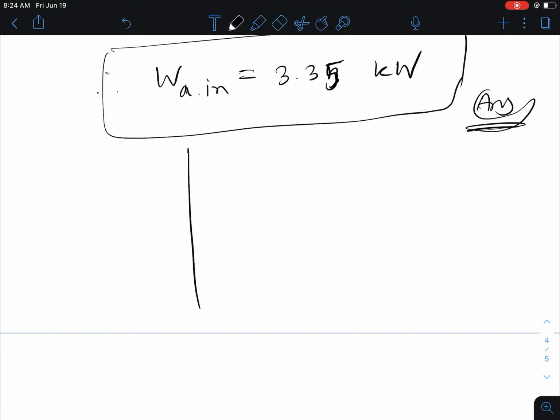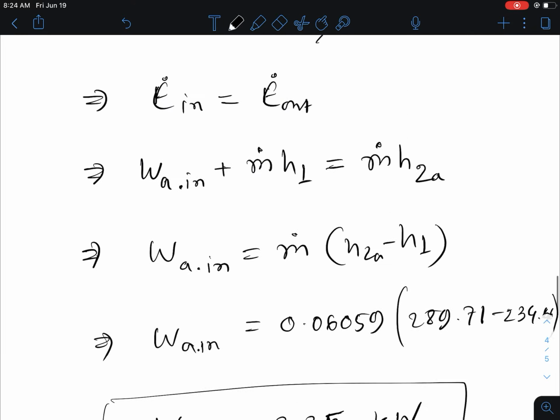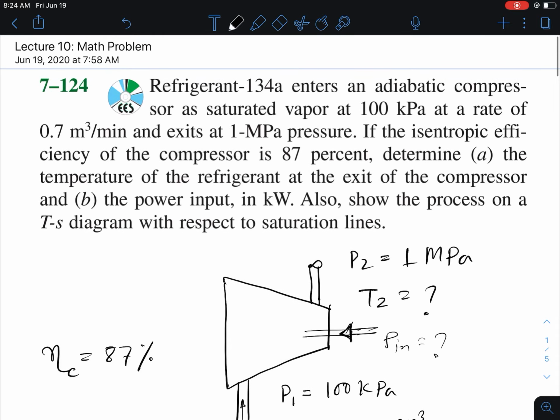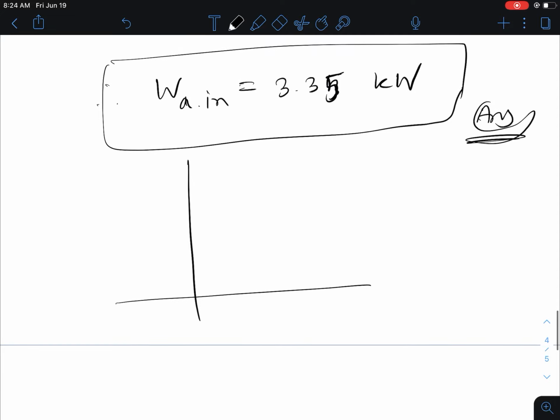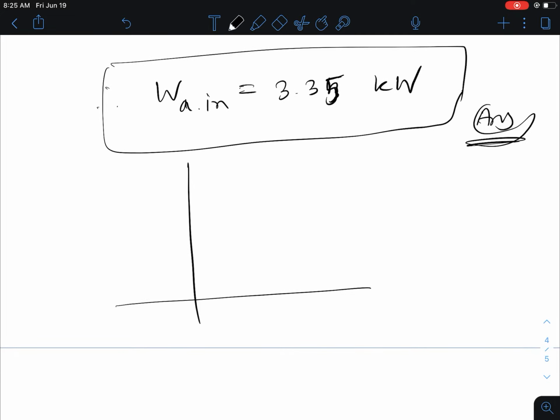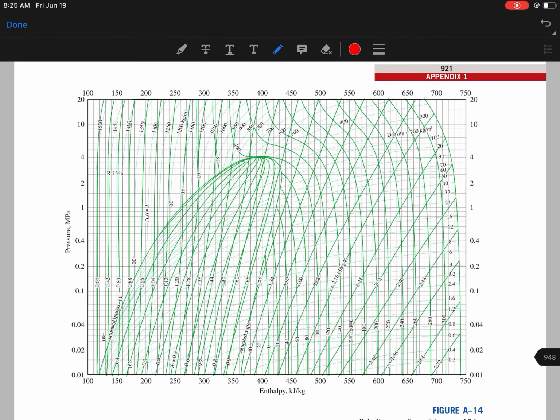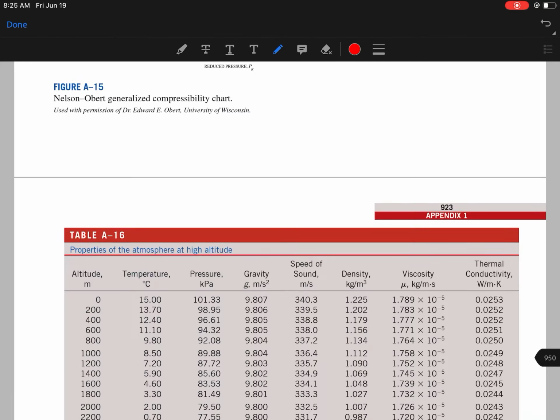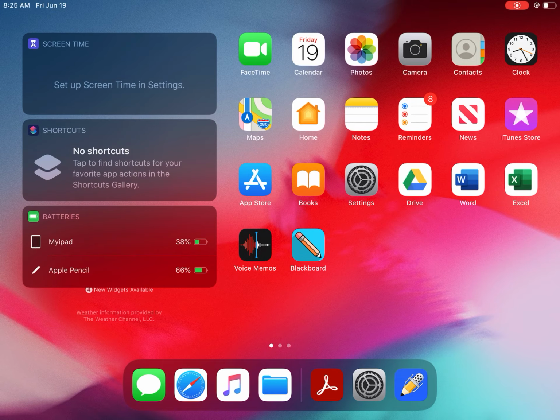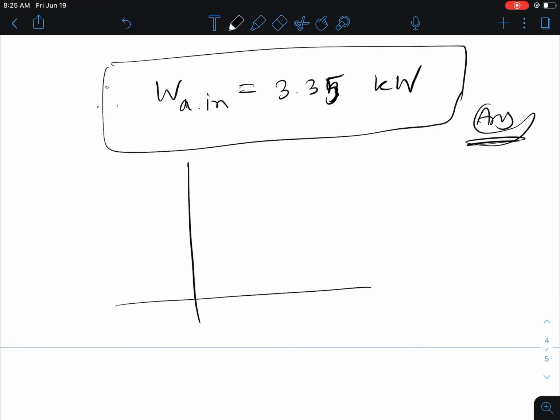So if we draw a TS diagram, the saturation line, this is the liquid phase, and this is the saturated phase, and this is the superheated phase.